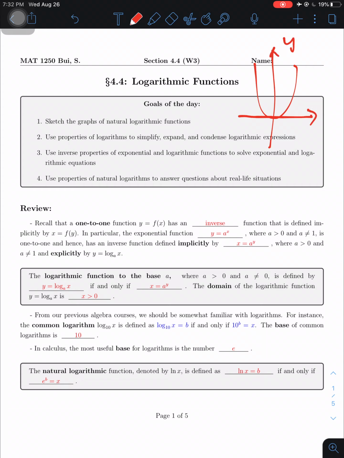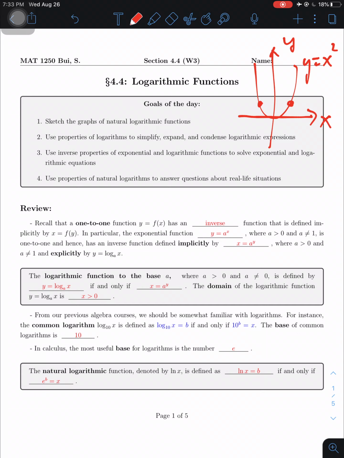So y-axis, x-axis, and this is the basic parabola y equals x squared. If you plug in x equal to 1 or negative 1, you're going to get y equals 1, right? So that means we have the point (1, 1) right here, and also the point (-1, 1).